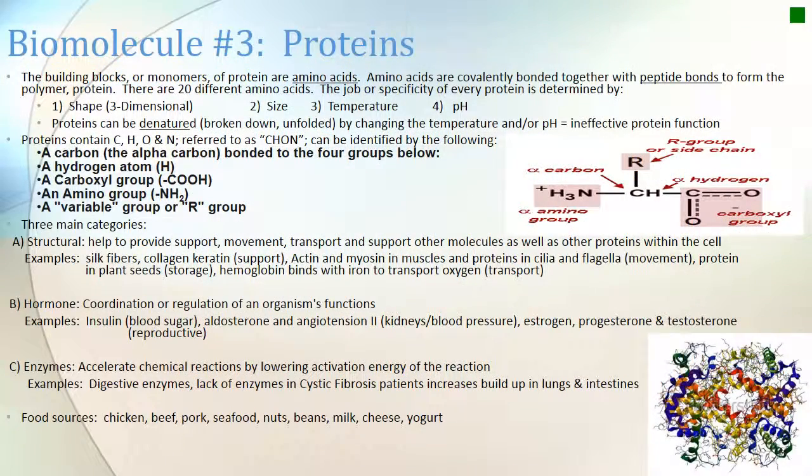Our third biomolecules, proteins. The building blocks of these proteins, you've heard of this, but it's the monomer amino acids. Okay, so amino acids, they're connected together. Many of these. And they're connected with peptide bonds to form polymers.